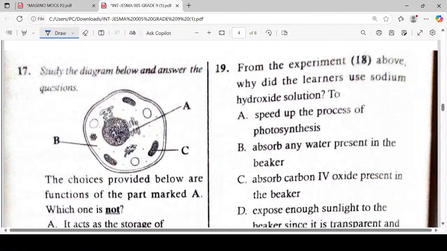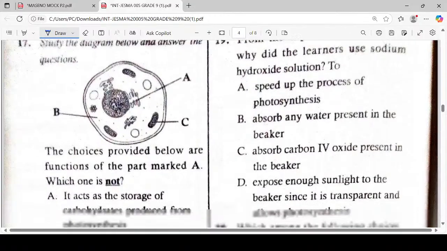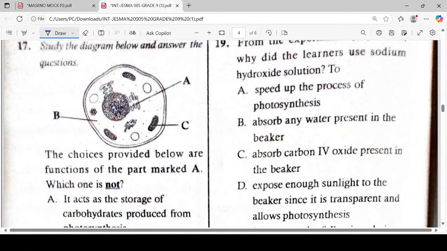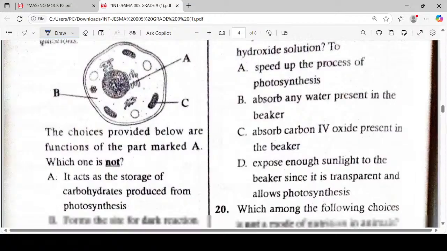Study the diagram below and answer the questions. You can see the diagram. We have part A, part B, part C. The choices provided below are functions of the part marked A. Which one is not?